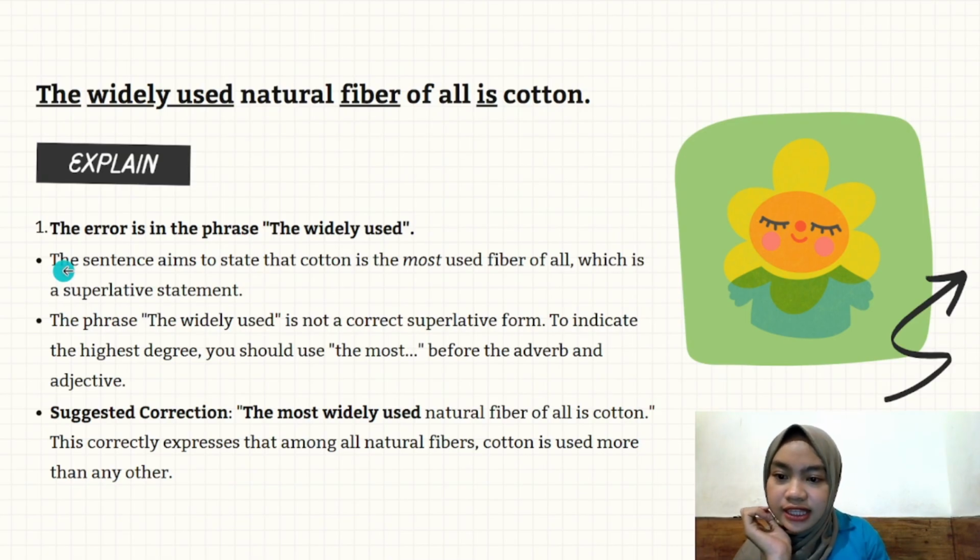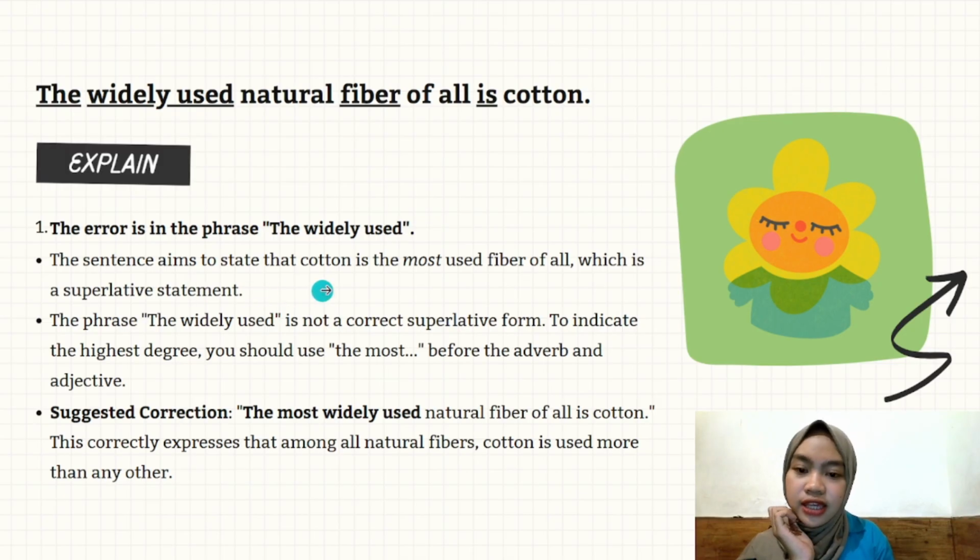The sentence aims to state that cotton is the most used fiber of all, which is a superlative statement. The phrase the widely used is not a correct superlative form to indicate the highest degree. You should use the most before the adverb and adjective. Okay, and the suggested correction: The most widely used natural fiber of all is cotton. This correctly expresses that among all natural fibers, cotton is used more than any other.